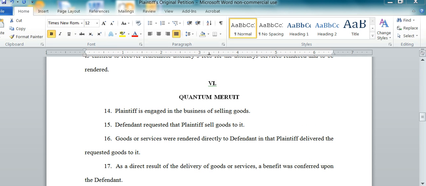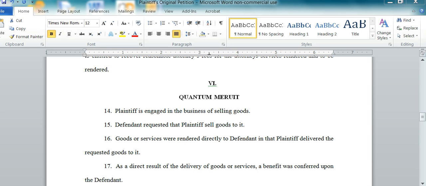There can be, and there usually are, more than one cause of action in a case. In this particular case, the plaintiff alleges breach of contract.